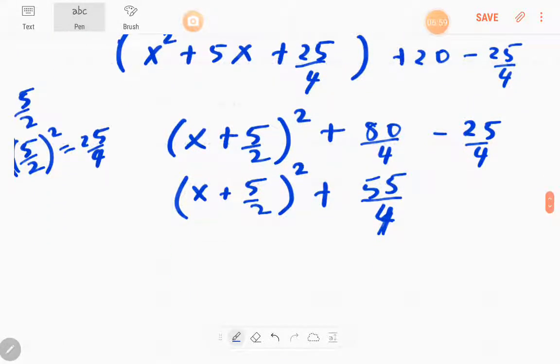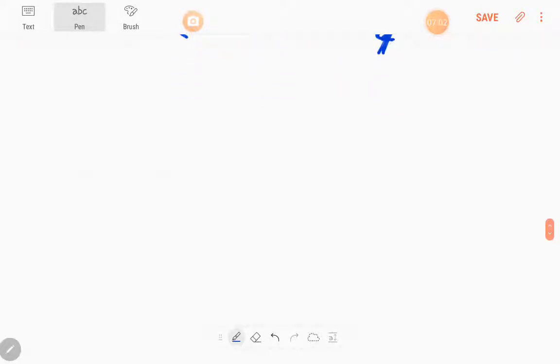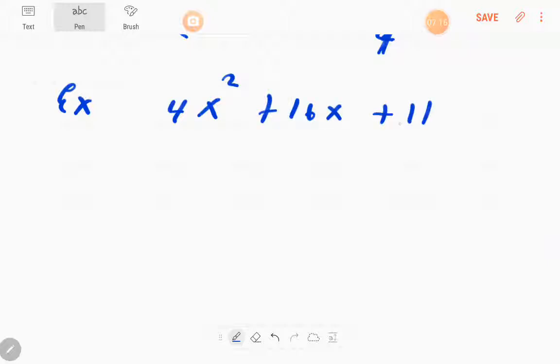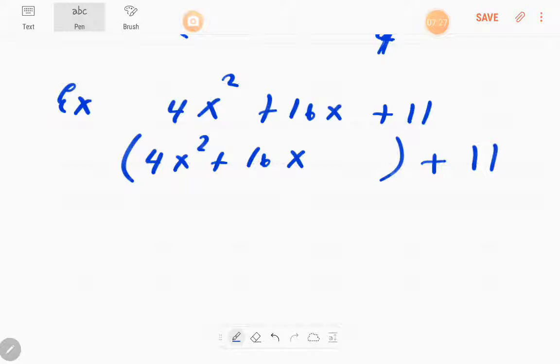Okay, let's look at one last example. So what happens when the a term is not equal to 1? So let's look at that. So suppose we had 4x squared plus 16x plus 11. So if we look at the first two terms, we don't want the a term to be 4, we want it to be 1. So we're going to factor out the 4.